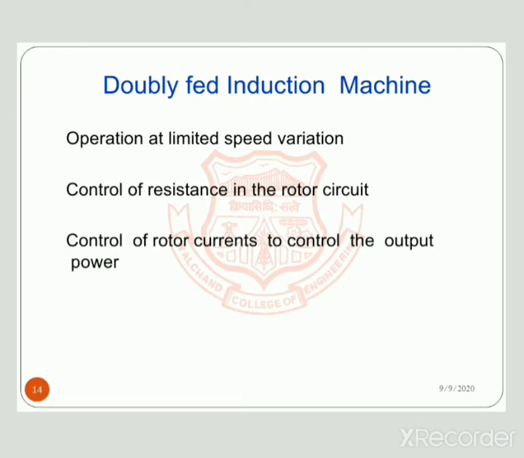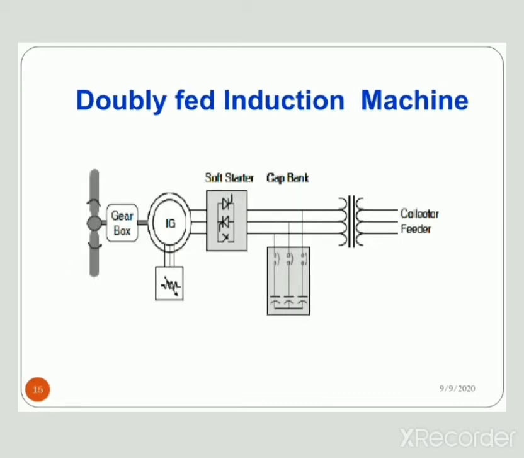The doubly fed induction machine has these features: operation at limited speed variation, control of resistance in the rotor circuit, and control of rotor currents to control the output power. So these are the main features. This doubly fed induction machine is connected in the power circuit diagram. When wind is fed to the circuit, the soft starter is activated and the induction generator runs.